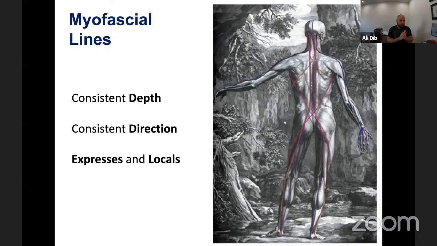In the human body, the tensegrity at the largest level is found in our myofascial systems, with the tensile components being the myofascia, so your muscles, your tendons, your ligaments, and the fascia itself, and the compressive units being the bones.